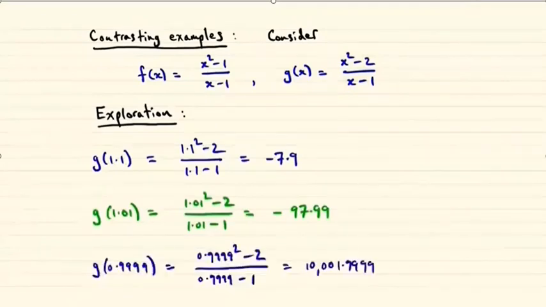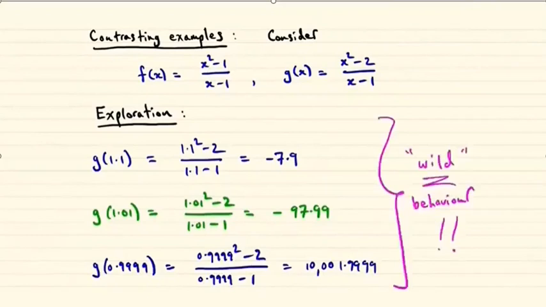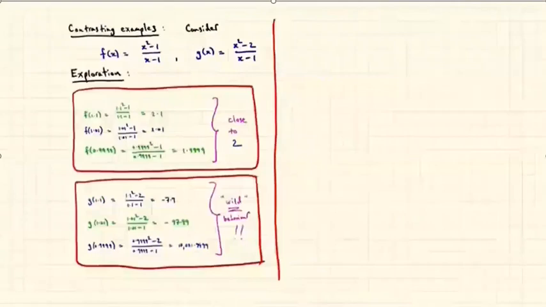And g(0.9999) evaluates to over 10,000, a very large positive number. The behavior of g for inputs near x equals 1 looks wild and unpredictable compared with the apparently stable behavior of f.